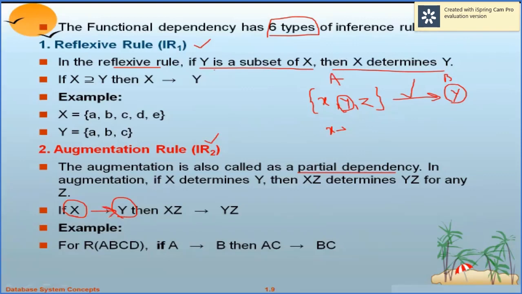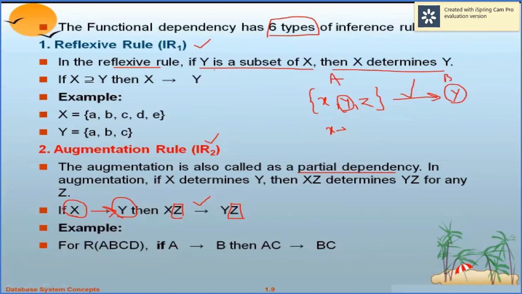This x is determining y. So when I put a common attribute on both the sides, that is left hand side and right hand side, in this case, again the functional dependency is satisfied over here.